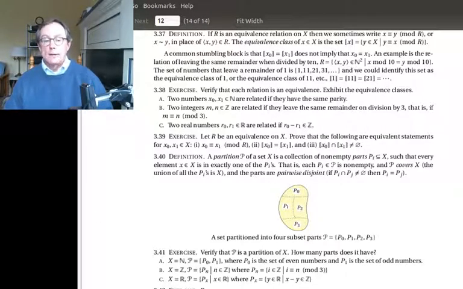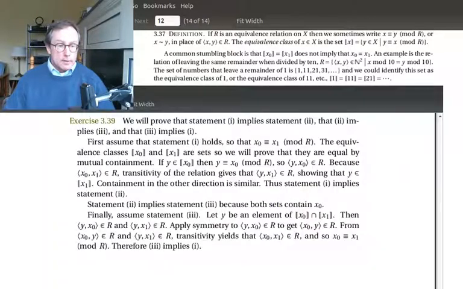Okay, so it says that 2 implies 3 because both sets contain x naught. So if square brackets x naught equals square brackets x1, then both of those, the set which we're calling square brackets x naught, and also the set which we're calling square brackets x1, both of those contain x naught. And so square brackets x naught and square brackets x1 intersection is not empty because they have the same element, namely x naught.